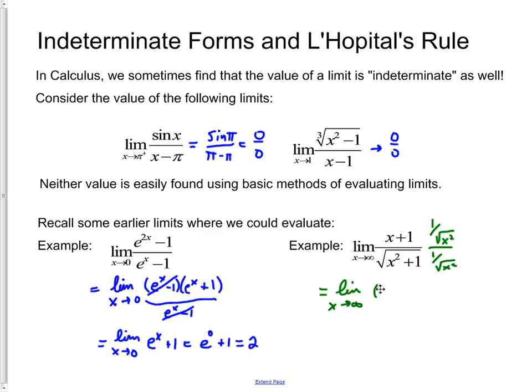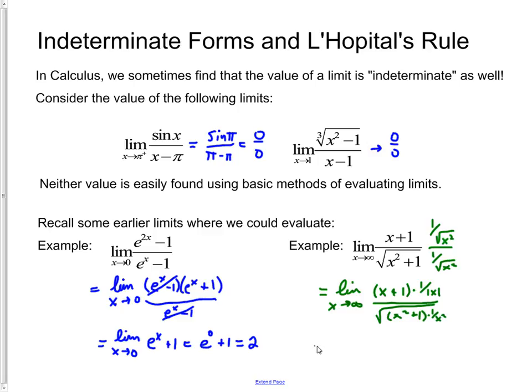Well, in the numerator, I'll have x plus 1 times 1 over the absolute value of x. In the denominator, I can multiply in this square root, so I'm taking x squared plus 1 times 1 over x squared.